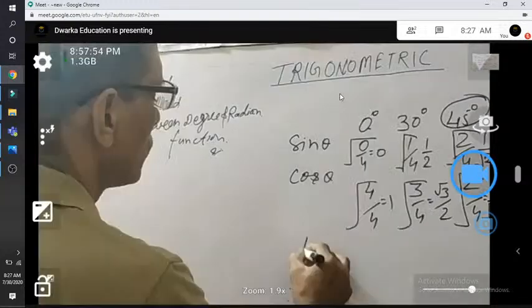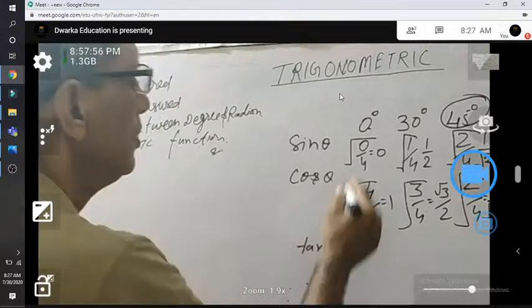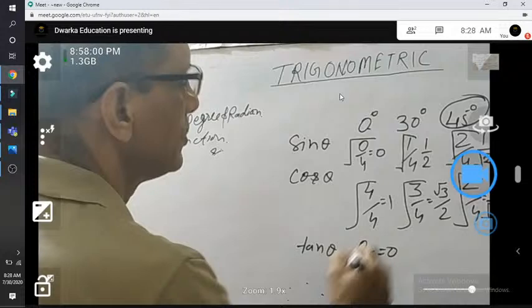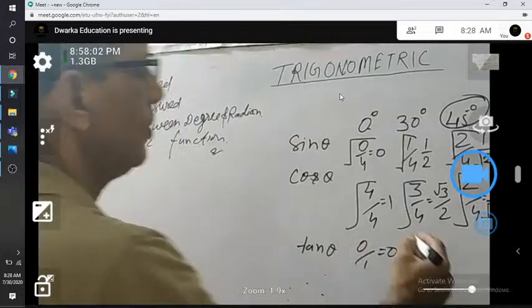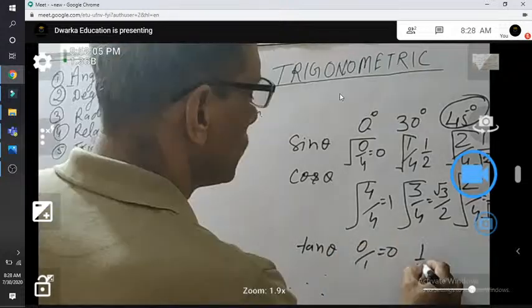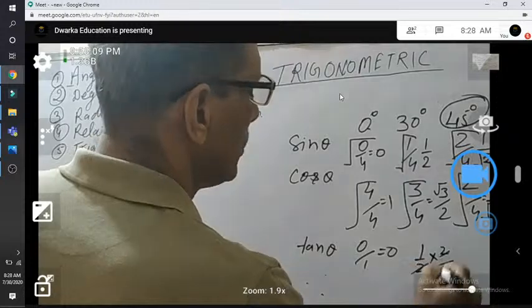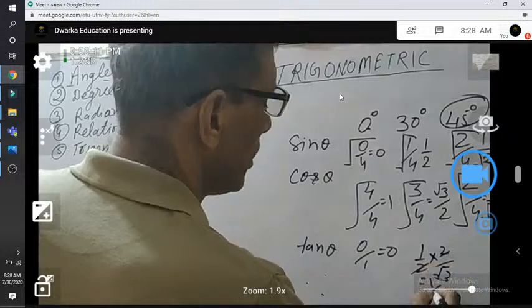Tangent is equal to sin by cos. So 0 by 1 is 0. Then 1 by 2 into 2 by root 3 became 1 by root 3.